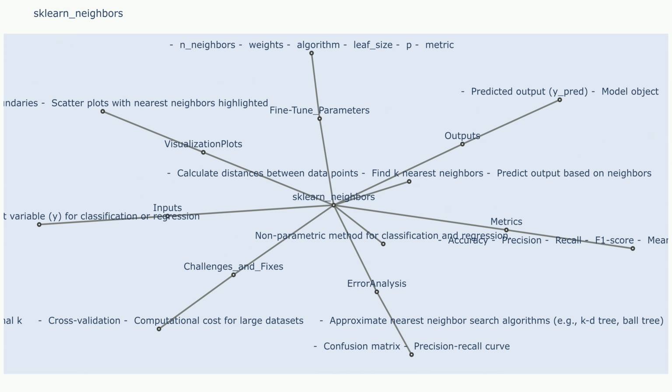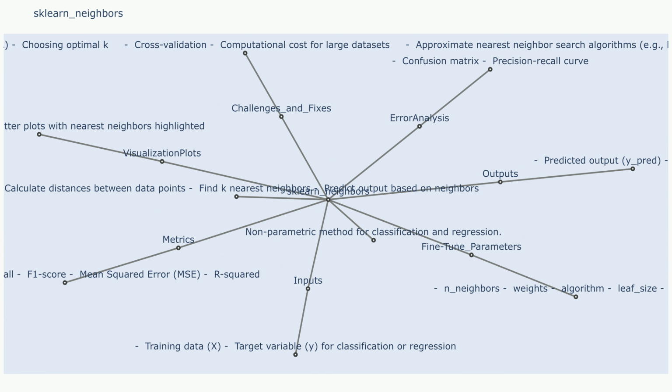Challenge 4. Overfitting. The KNN algorithm can overfit to the training data if the number of neighbors is too small or if the data is highly noisy. Sample use case that resulted in Challenge 4. A KNN model with K equals 1, where the model predicts the same label as the nearest neighbor in the training data, leading to poor generalization performance.